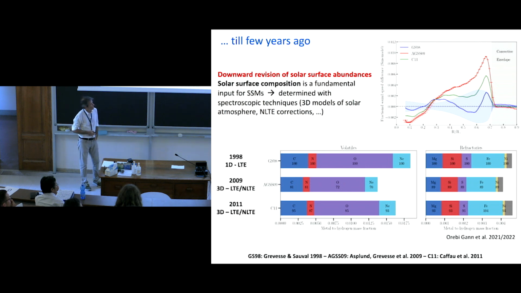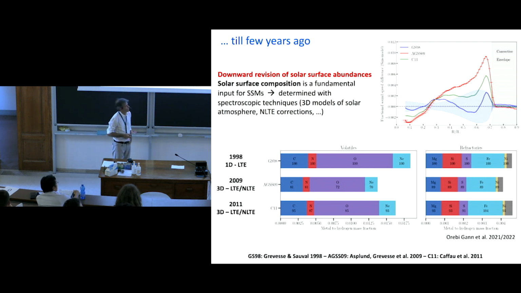This is the old 98 composition, the so-called GS composition. Here elements are grouped in volatiles and refractory, so carbon, nitrogen, oxygen, and so on. And this is instead the so-called Asplund 09 composition, which was produced by using this improvement in the description of the solar atmosphere.